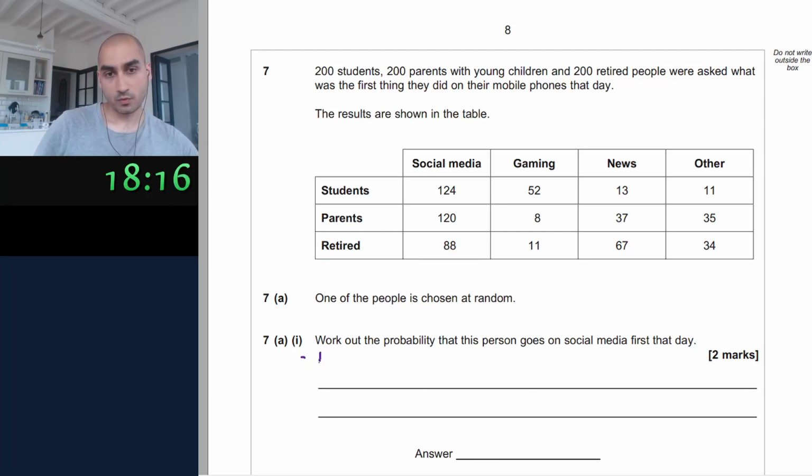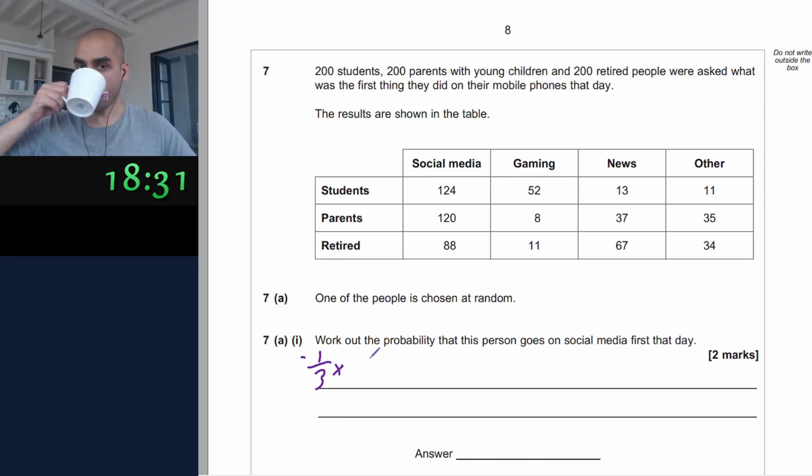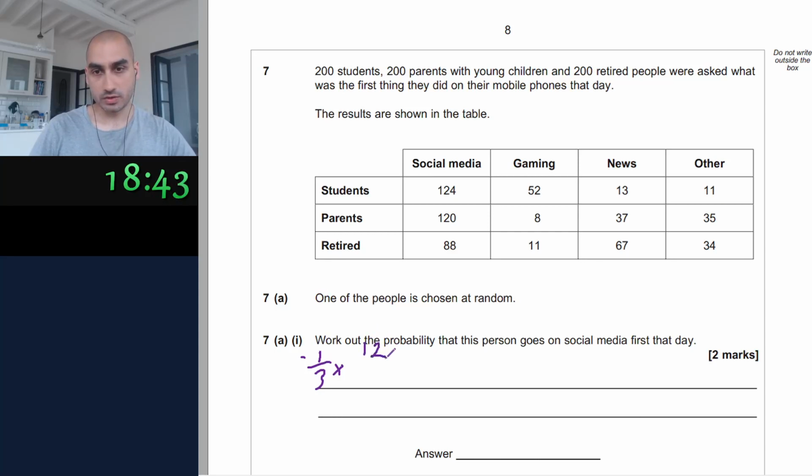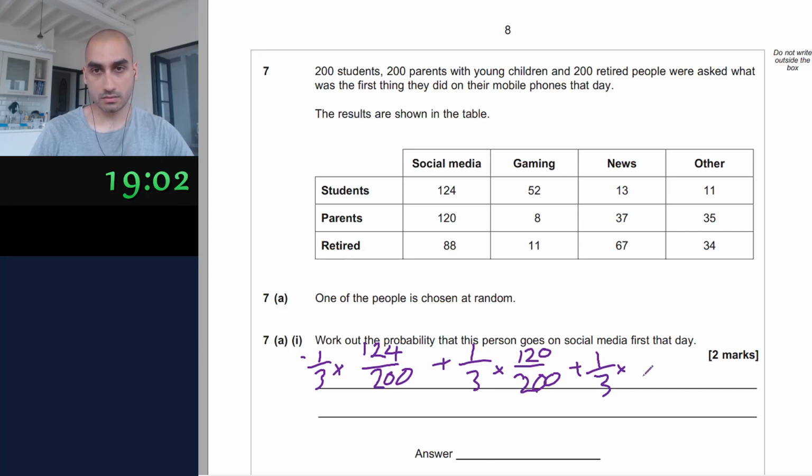Okay, so it's 1 in 3 times 124 out of 200 plus 1 in 3 times 120 out of 200 plus 1 in 3 times... hang on, am I doing this right?